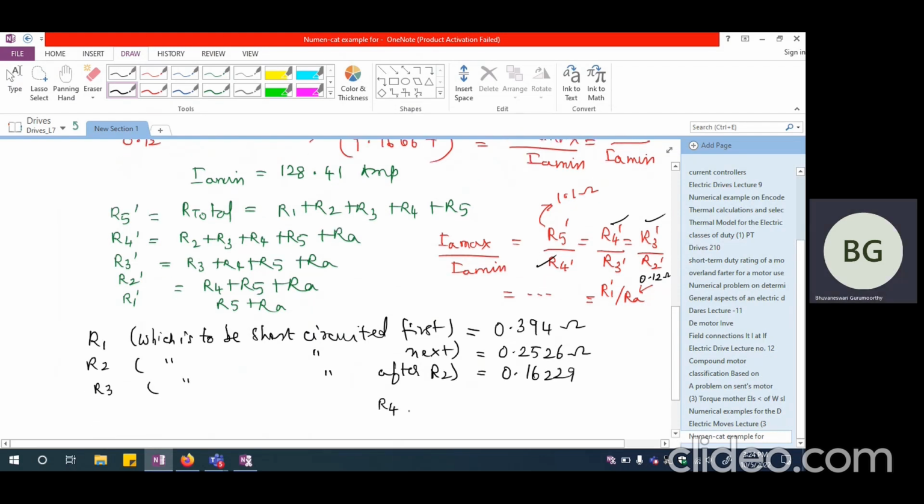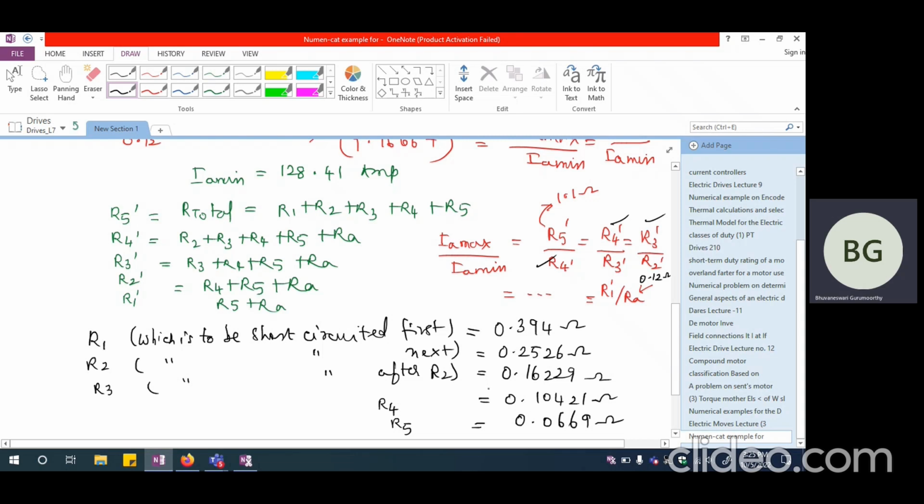Then R4 comes out to be 0.10421. And the last step of resistance, R5, comes out to be 0.0669 ohm.